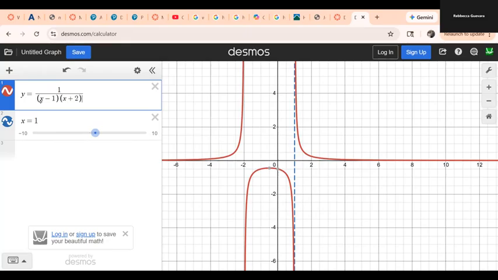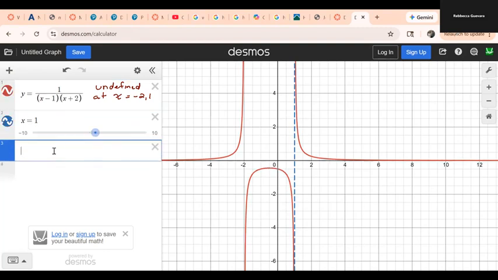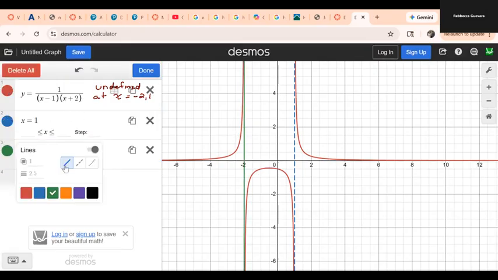So this is undefined at x is equal to negative 2 and 1. So we see the line here. And we see that we'd have a line here as well.